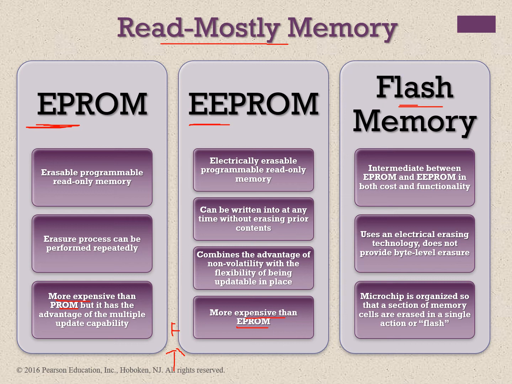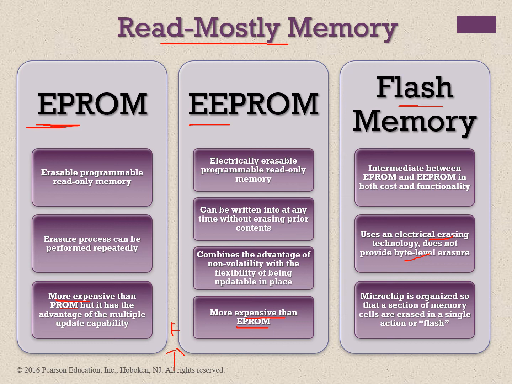Here the flash memory uses electrical erasing technology, but it doesn't provide byte level erasure. It provides block level erasure, not even chip level. We are not going to erase the whole chip, but we will be erasing at the block level.